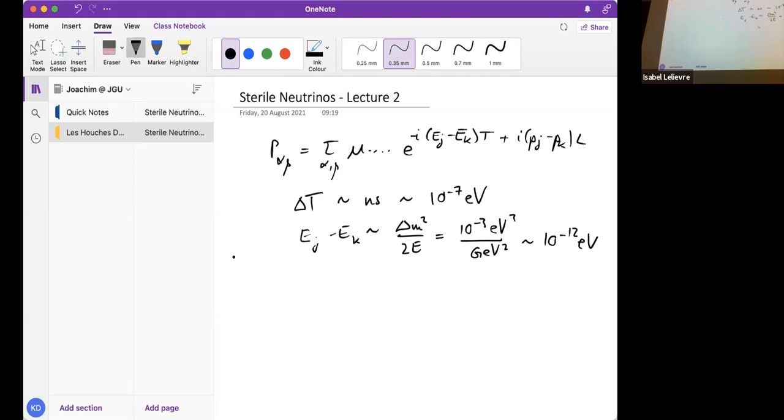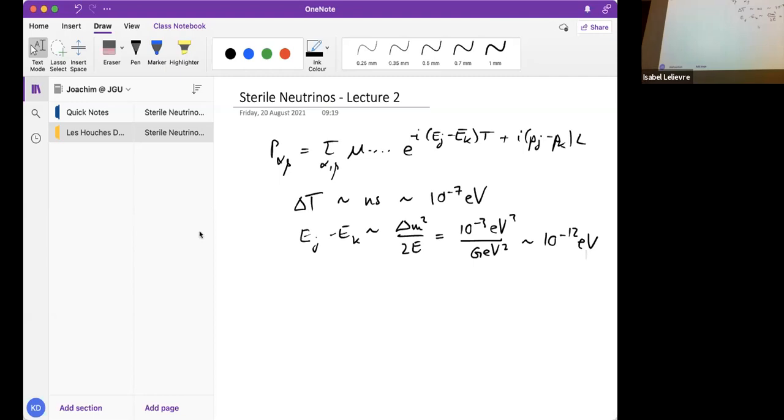So you see that by integrating even over a short time interval of order a nanosecond, we are still integrating over many, many oscillations of this first exponential factor here. And because we're integrating over so many oscillations, this will only give a contribution when E_j minus E_k is really close to 0, and therefore it's justified to extend the integral over the whole time domain from t equals minus infinity to plus infinity.